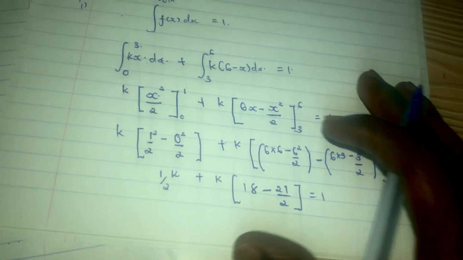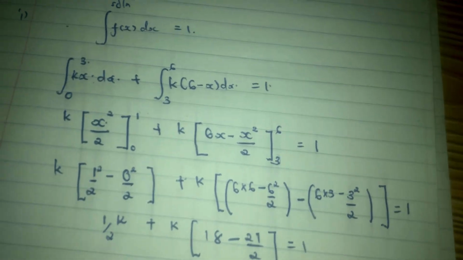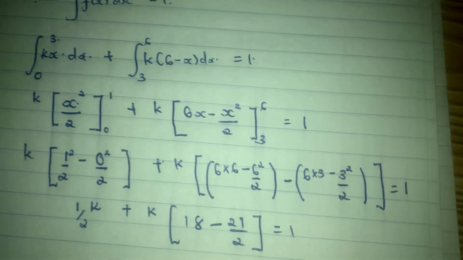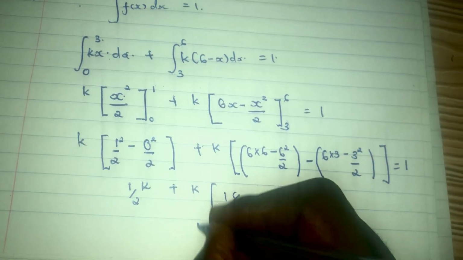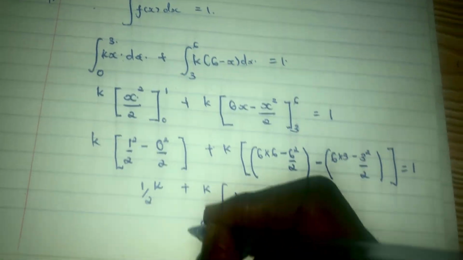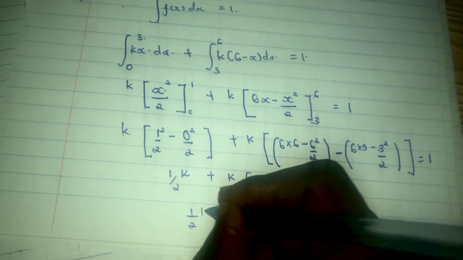Are we together? So when you get 18 minus 27 over 2, we shall actually get 9 over 2. This will be 9k over 2 plus 1 over 2 k.